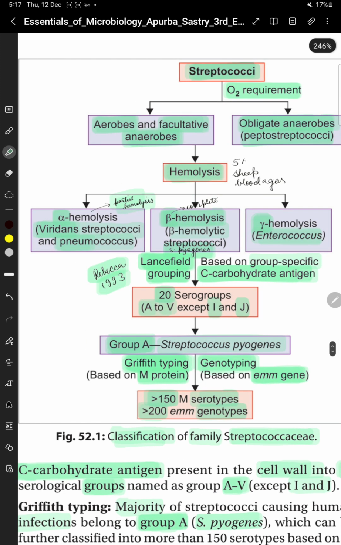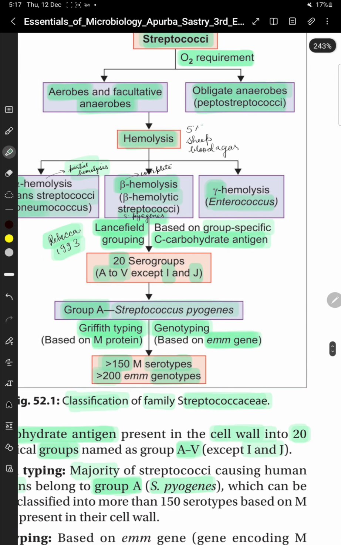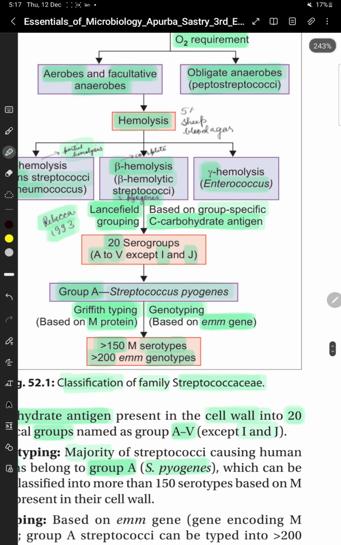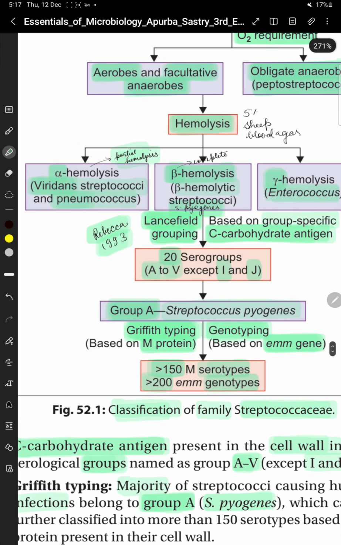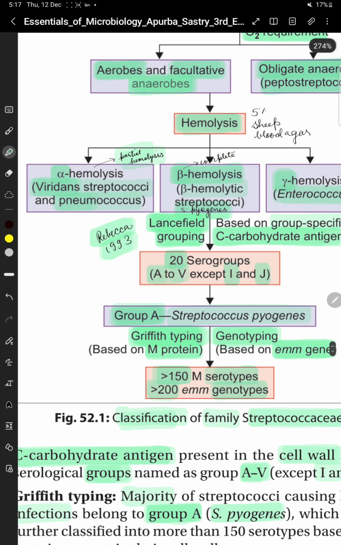On the basis of oxygen requirement, it is classified into aerobes and facultative anaerobes and obligate anaerobes. Example of obligate anaerobes: Peptostreptococci. Aerobes and facultative anaerobes, on the basis of hemolysis, are classified into alpha, beta, and gamma hemolysis.